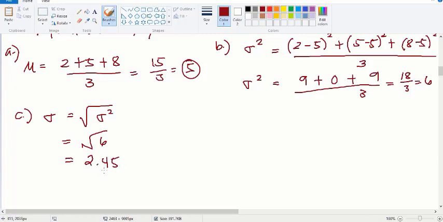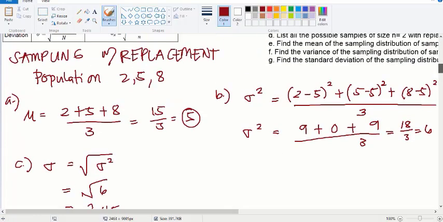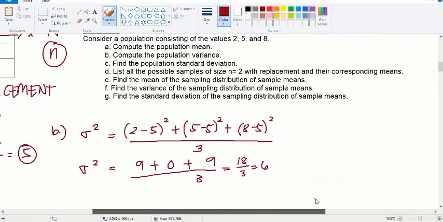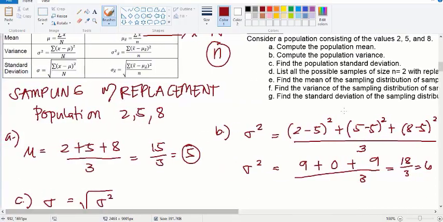Yan na ang mga sagot natin, no? Letter D. What is letter D? List all the possible samples of size n is equals to 2 with replacement and their corresponding means. Okay.